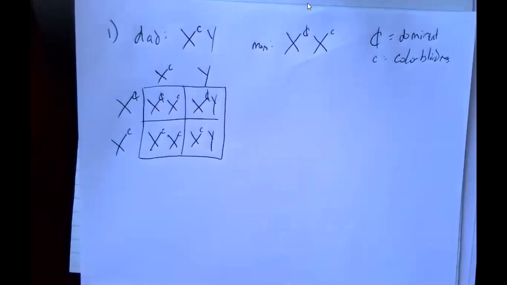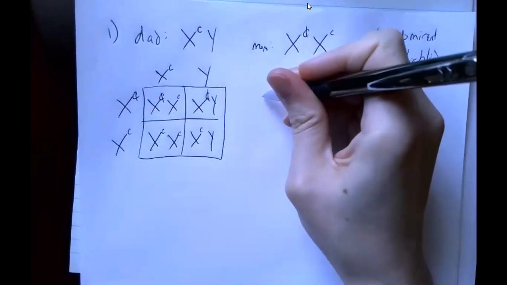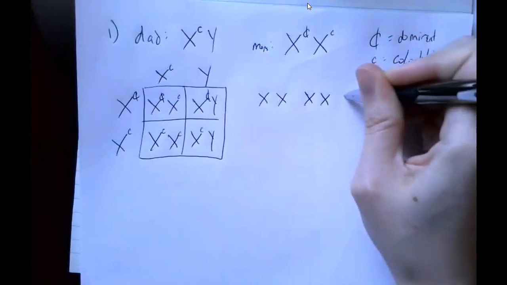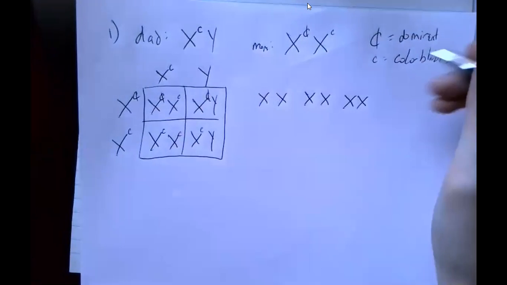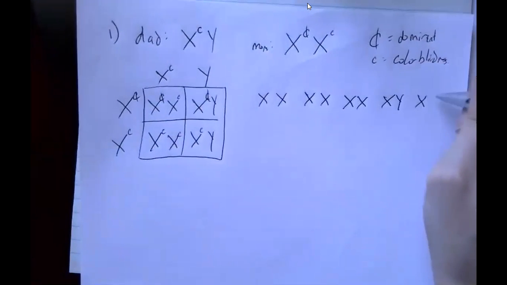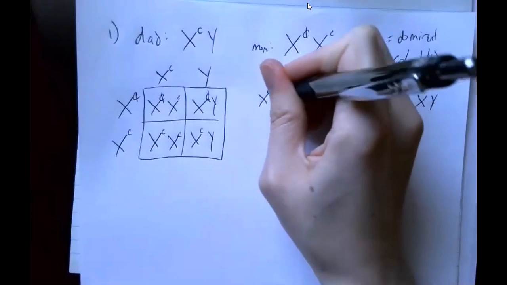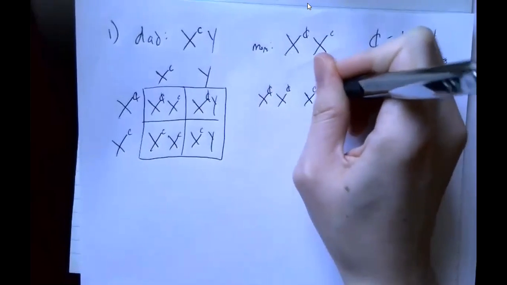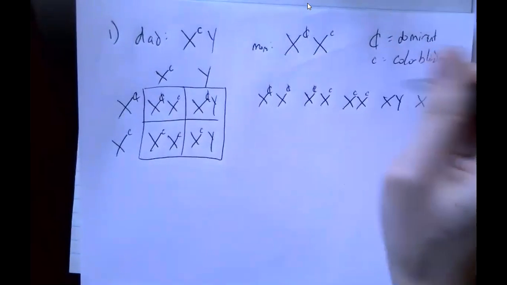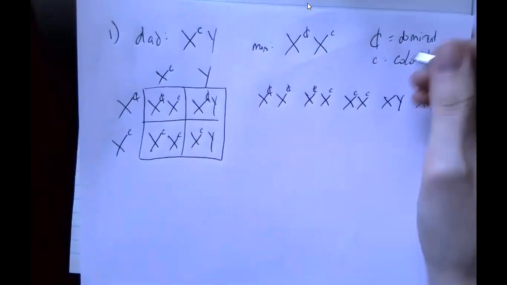And then to look at our genotype ratio, there's 3 different possible genotypes for females, only 2 for males. We can either have a homozygous dominant, heterozygous or carrier, or a homozygous recessive female.